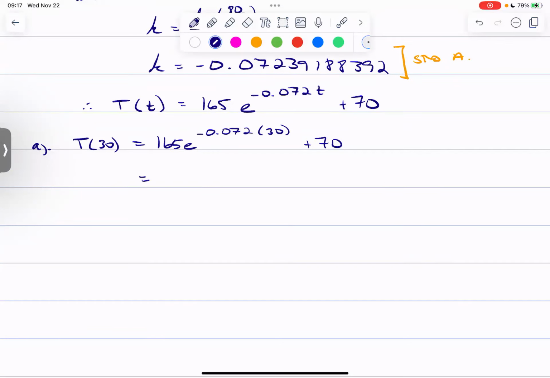Stored in A times 30, and then e to the power of that, times 165 plus 70, I get 88.80624426 degrees.